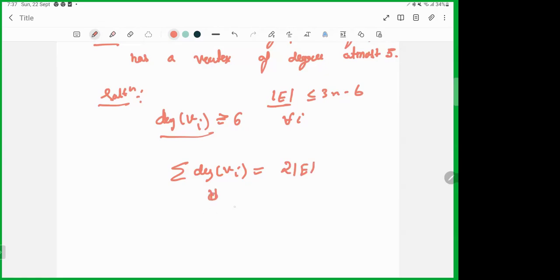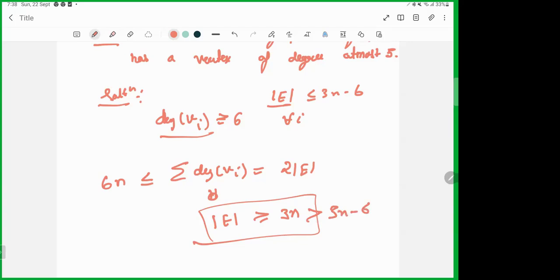So what is the left hand side? It is at least 6n. Dividing by 2, the number of edges becomes at least 3n. So the cardinality of E should be bigger than or equal to 3n, but this is strictly bigger than 3n minus 6.